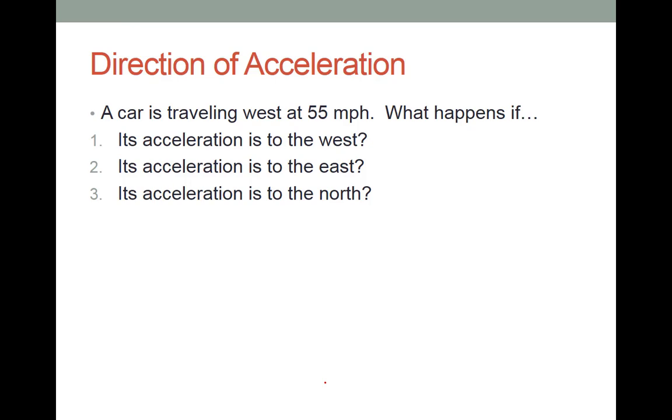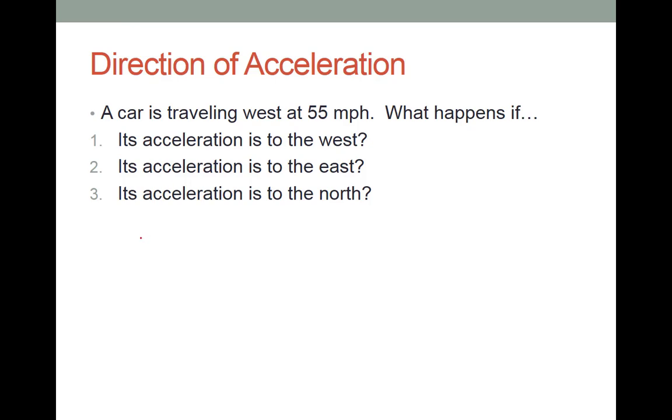Okay. So acceleration is a vector, and direction of the acceleration matters. So what happens if we have the acceleration relative to the velocity in different directions? So in class, I do this by walking and illustrating, but here I'm going to try to do it by driving.